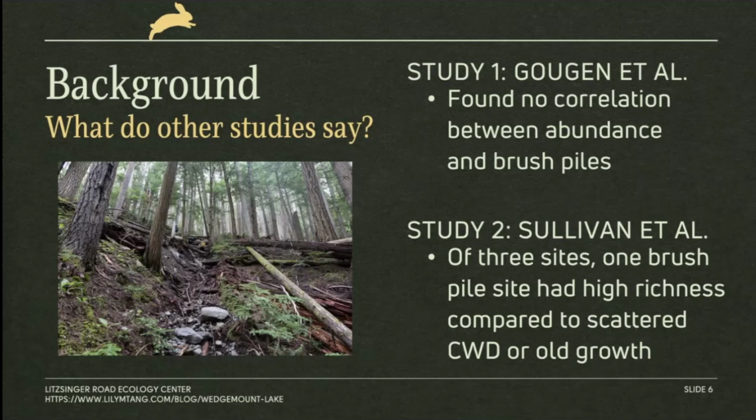And at each of these 3 sites, they divided it into scattered woody debris, brush piles, and just old growth forest. And this showed that one of those sites had a higher species richness because specialist species that require a special type of habitat to survive preferred the brush piles. And so they increased at that site. And so that's really interesting because even though the doom and gloom of Gogan et al. said that there was no benefit to brush piles, there can be depending on your site.